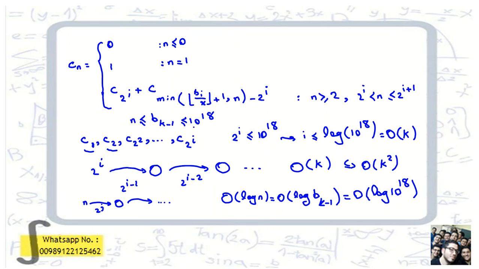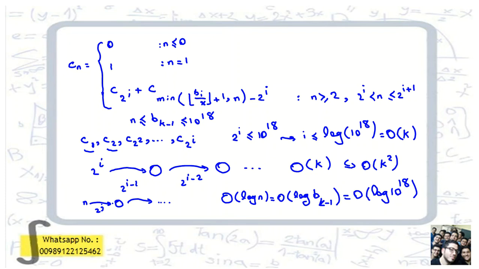Now for n, we know n is at most 10 to the 18. Like this, at first you found C1 to C of 2 to the I that you need. For n, you use this, and 2 to the j plus C of this plus C of something. Again, you do this, and at each step n would change to something around n over 2.